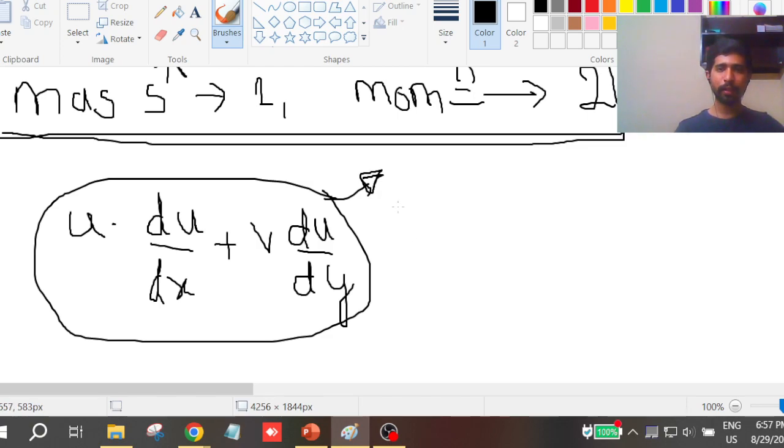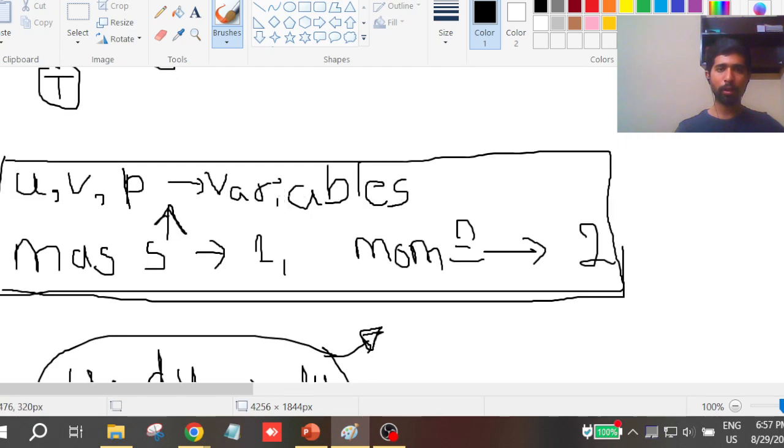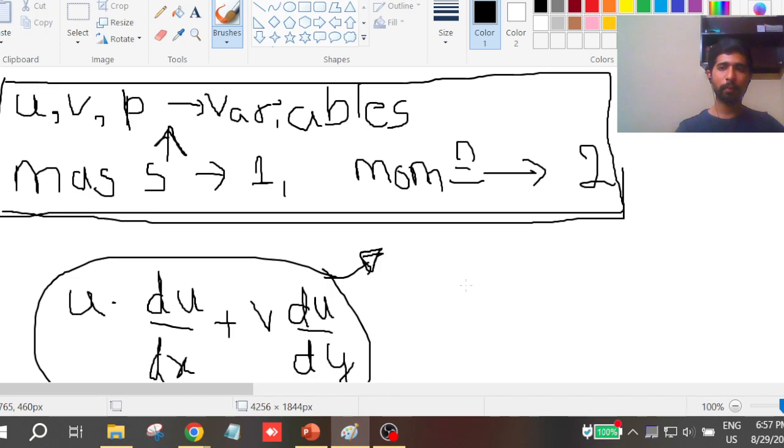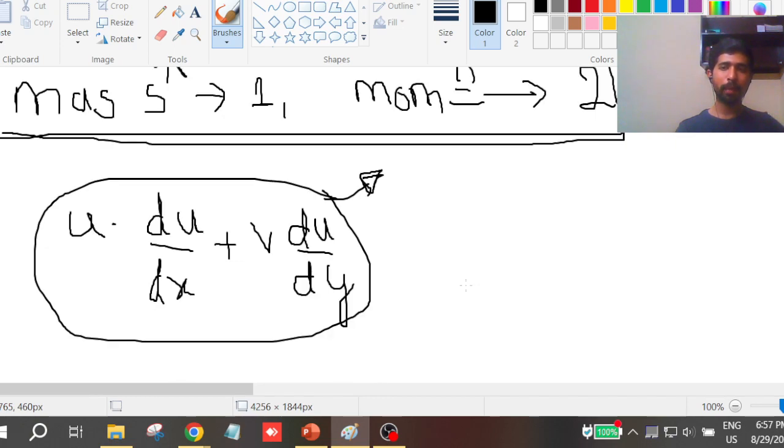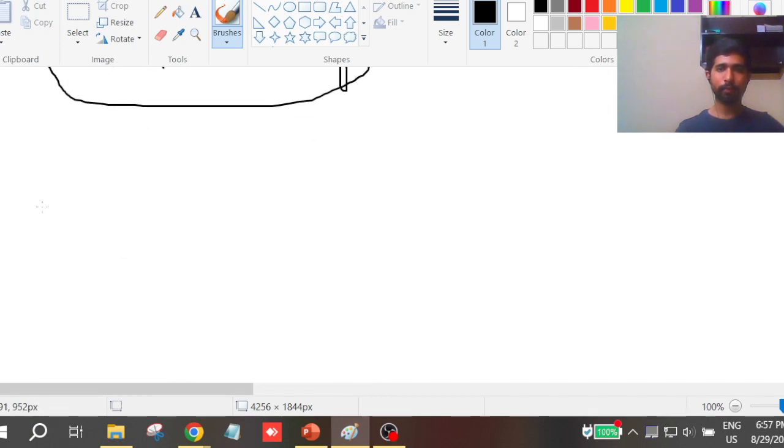The second thing which is very interesting is, although I have three equations and three unknowns, there is a coupling between the pressure and velocity. What I mean by coupling between the pressure and velocity is that in the mass conservation equation, I have only velocity terms.